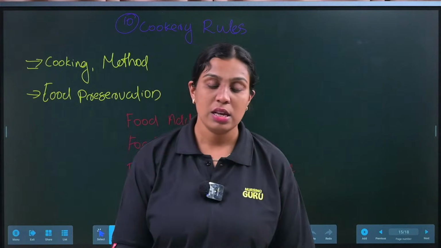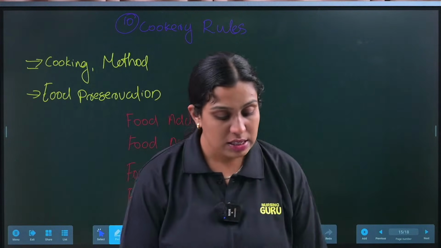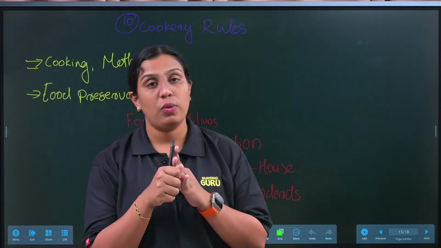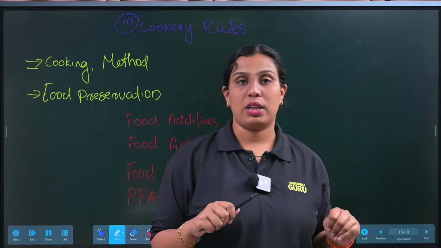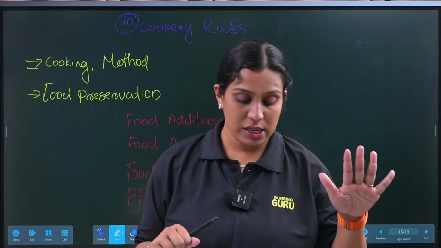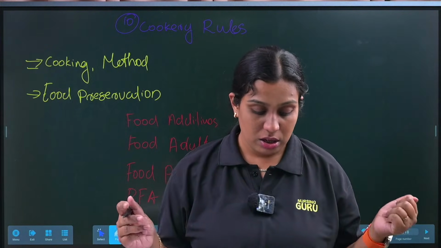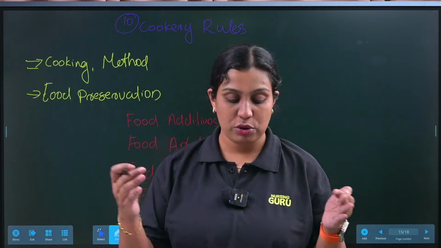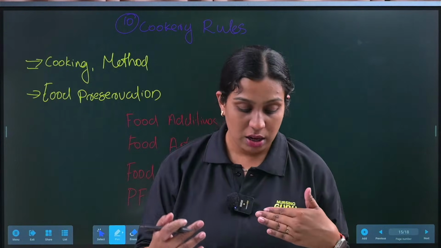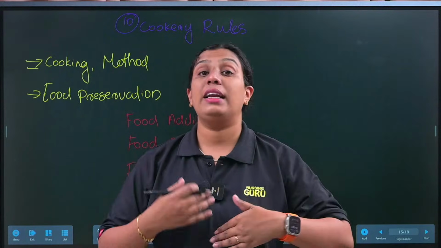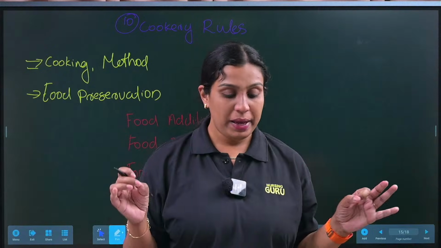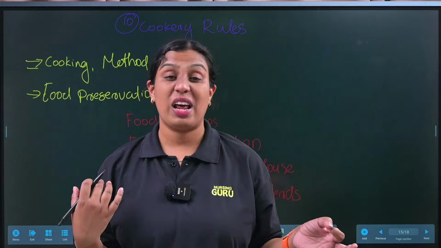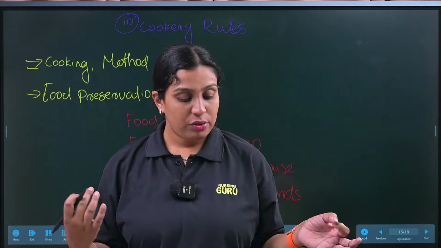In cookery rules, the things we are studying are cooking, its methods, and the advantages and disadvantages of cooking. Then preservation of the nutrients, measures for safe food handling and safe food storage, food preservation, food additives, food adulteration, and the PFA, Prevention of Food Adulteration Act, and food standards.